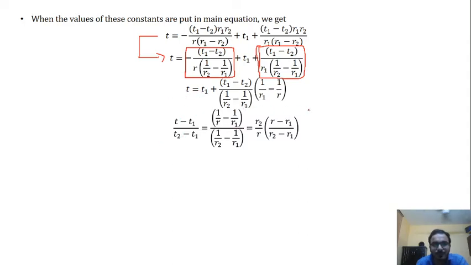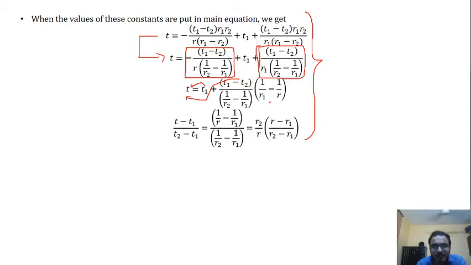Okay, it may look slightly complicated, but if you go by step, then it is quite easy to understand. So for this portion, what we have done is we have taken T1 over this side, so that's why it is T minus T1, and we have taken this T1 minus T2 on the denominator of the left hand side, that's why it is over here.